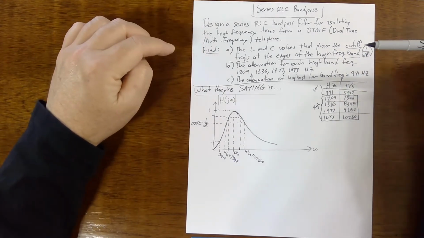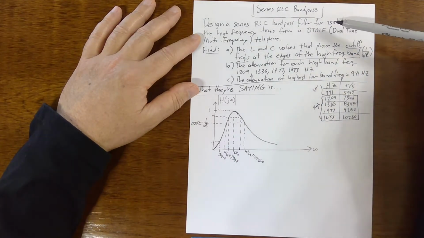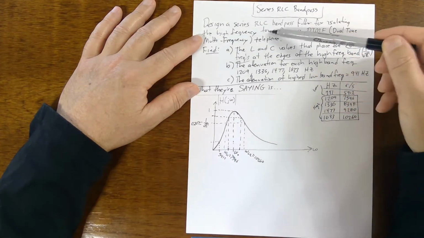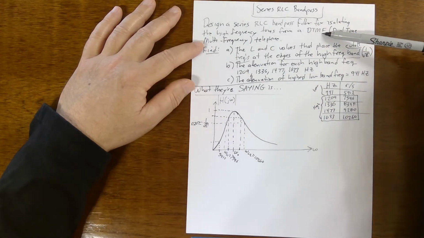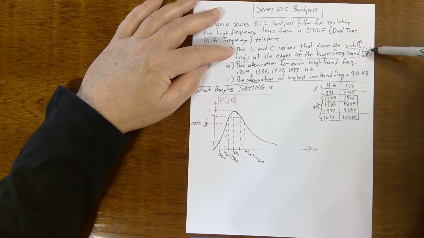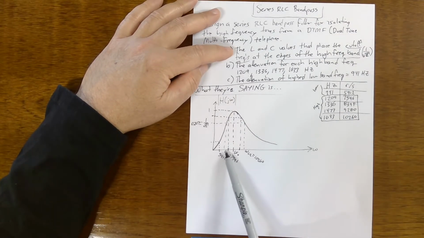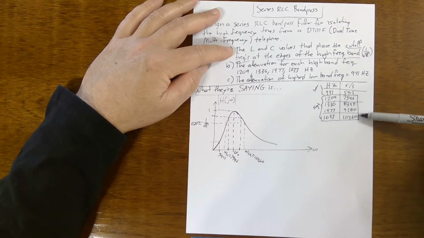that's the problem. We're going to make a series RLC bandpass filter for isolating the high frequency tones, these 4 tones, from a phone. And we want to find the L and C values that will give us this pass band with these two cutoffs.